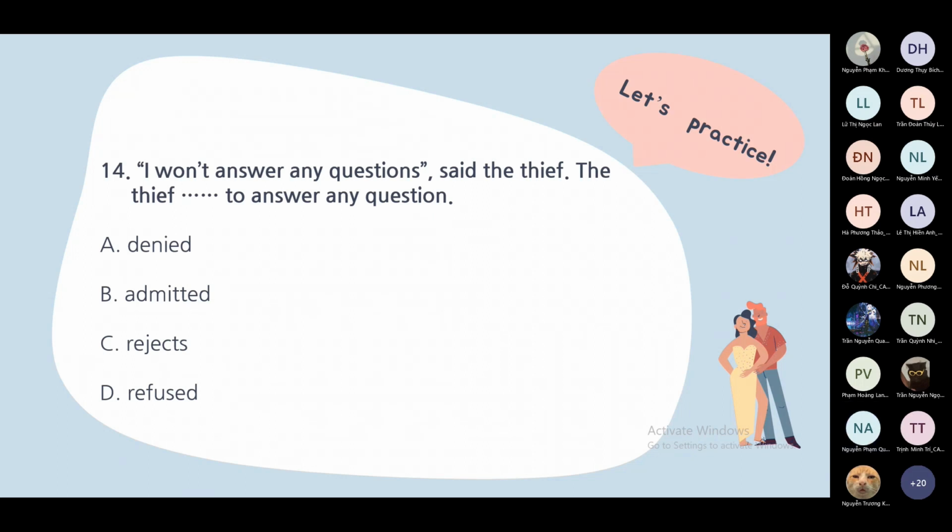Hello. Can you hear me? What is your answer for this question? I choose D. So D is the correct answer for this question.